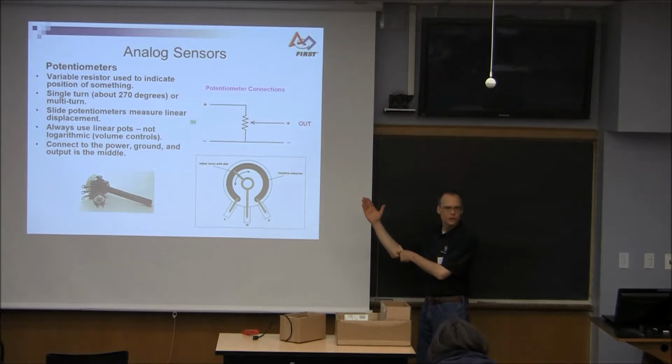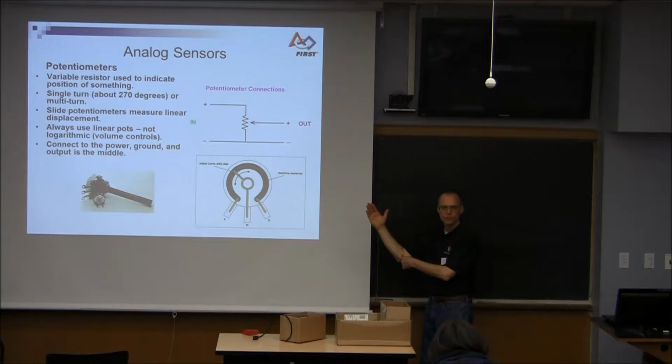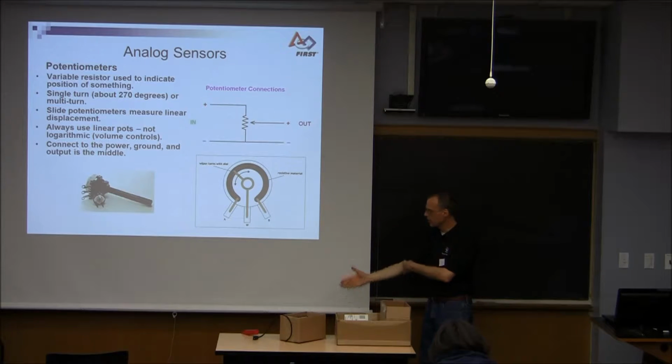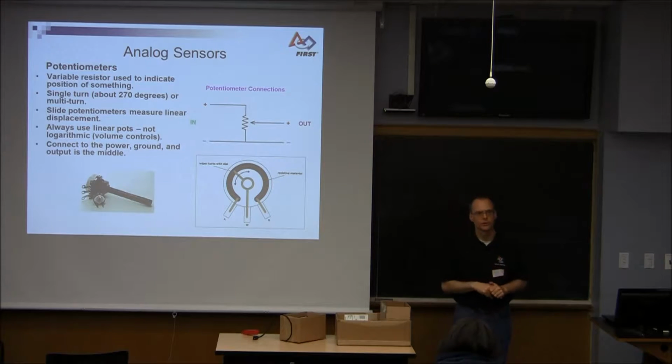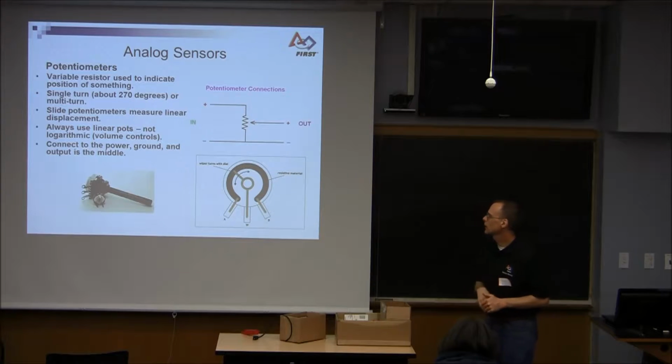When the arm is at this position, you'll get a certain amount of voltage from your potentiometer. And if you go down and come back to it, it's going to be about the same. There's going to be a little variation. By the way, always use linear. There are two kinds of potentiometers out there. If you order them in catalogs, you'll see some of them say logarithmic.